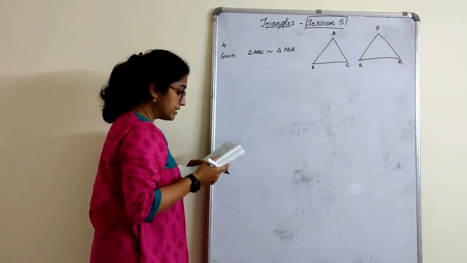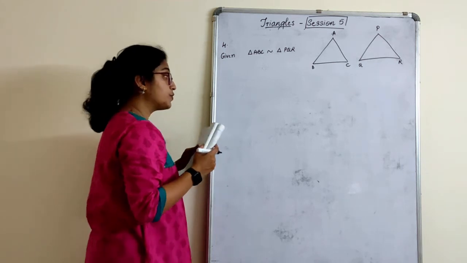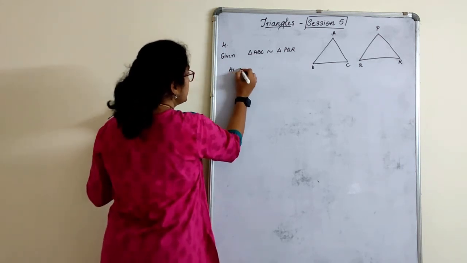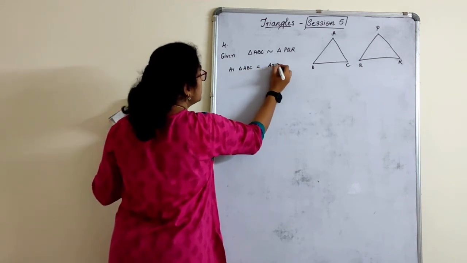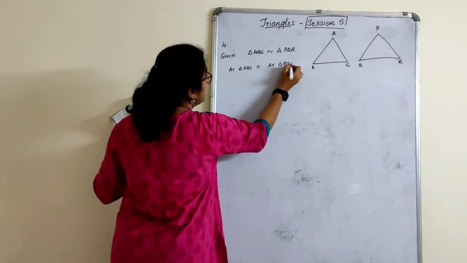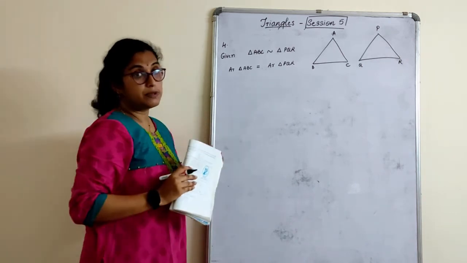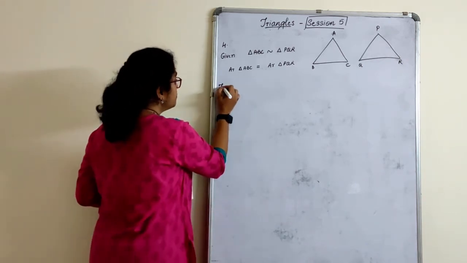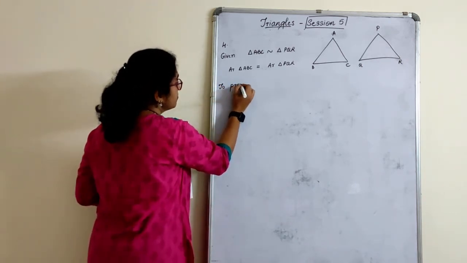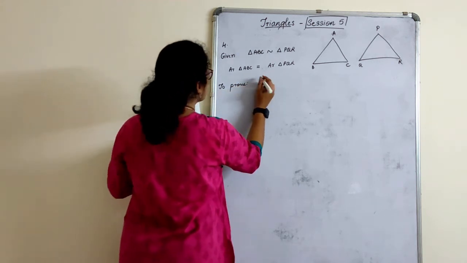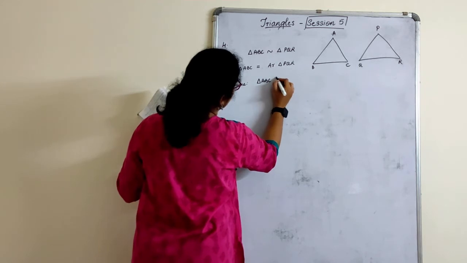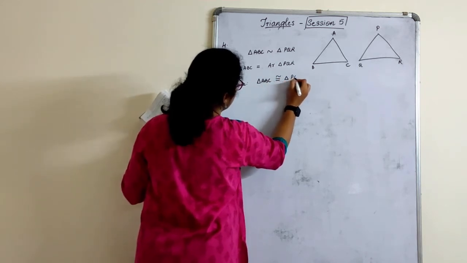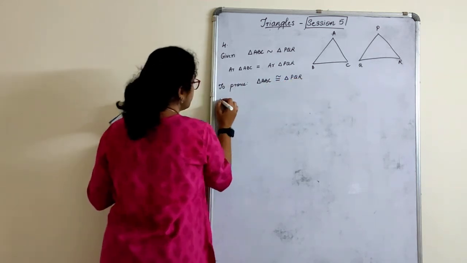Next, the areas are also equal: area of triangle ABC is equal to area of triangle PQR. This much is given. To prove: triangle ABC is congruent to triangle PQR.